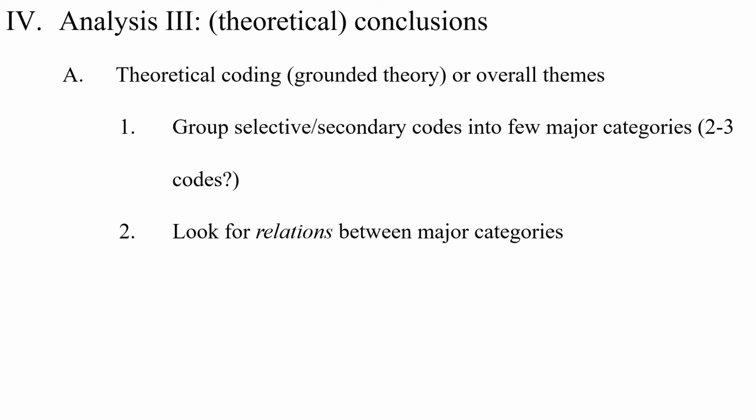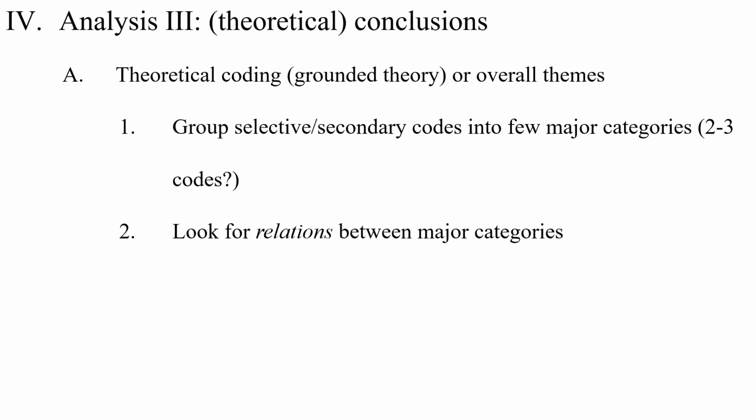What do these themes tell them? These are your theoretical conclusions, or at least your conclusions. Maybe they are theoretical, maybe they're merely conceptual, but you come to the big picture. What's your study about? If you're really inductive, these emerge. That's the word they use. They emerge from the data and from your very intensive analysis.